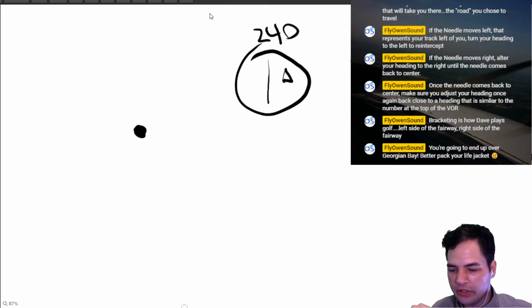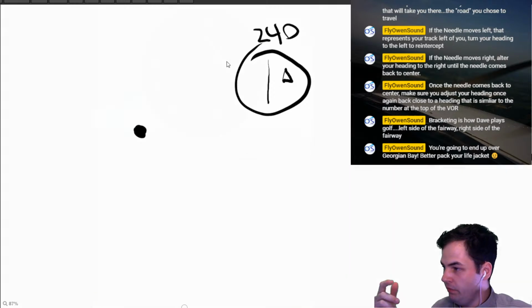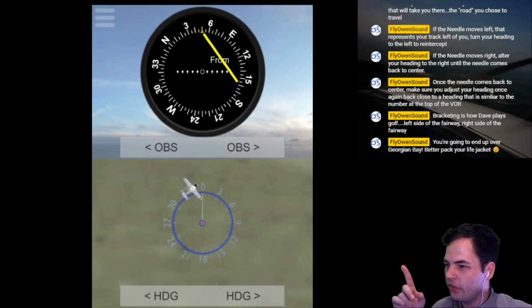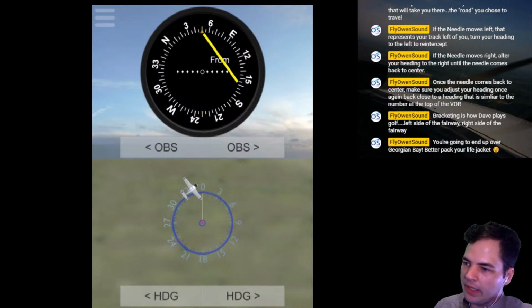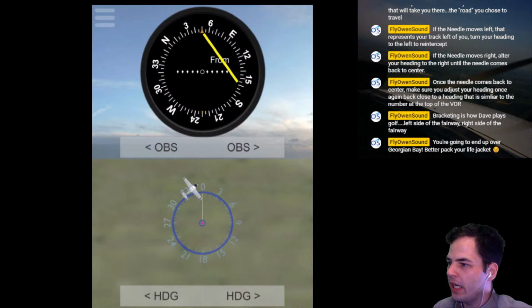I like to think about it in the sense of north, south, east, and west, right? I don't have this set up for the scenario, but let's pretend for a moment that the OBS indicator is actually just your heading indicator.